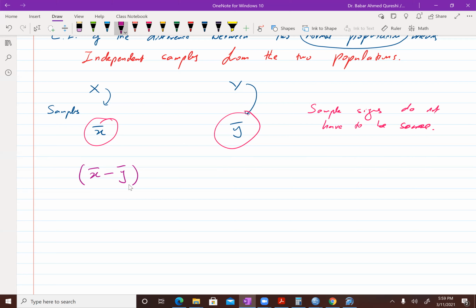This could be one of these numbers, this X bar or Y bar. Since they are both random numbers, the difference is also a random number. Give or take, to be more exact about your statement.